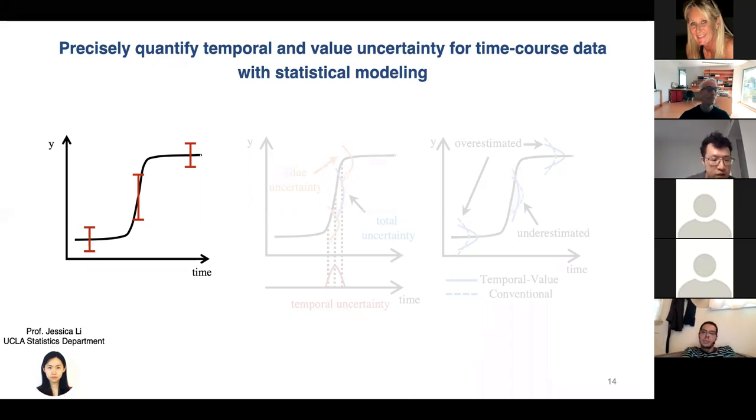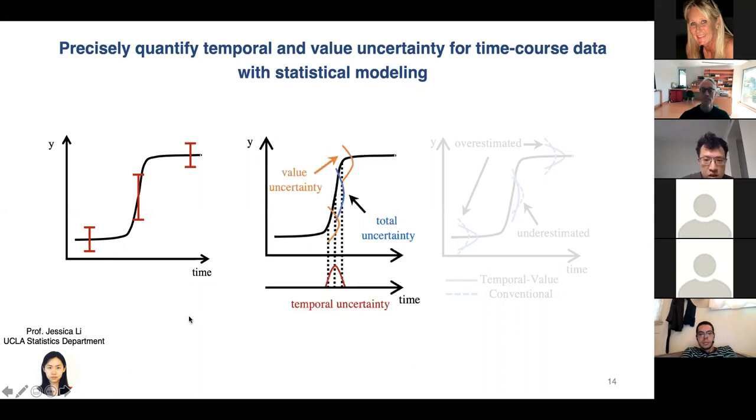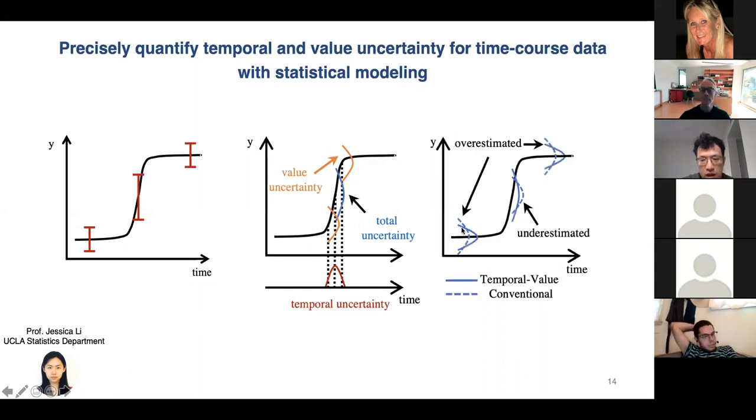But I eventually worked with Jessica Lee, and we came up with a novel statistical error model that can decompose the observed data uncertainty into a volume part and a temporal part. And this error model can avoid overestimation and underestimation, which is very nice.